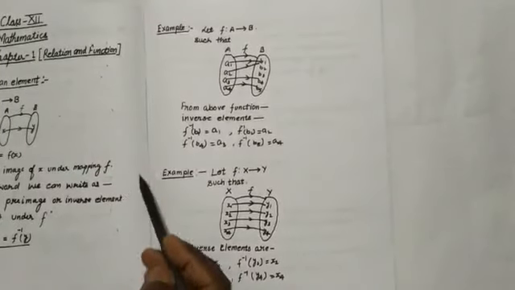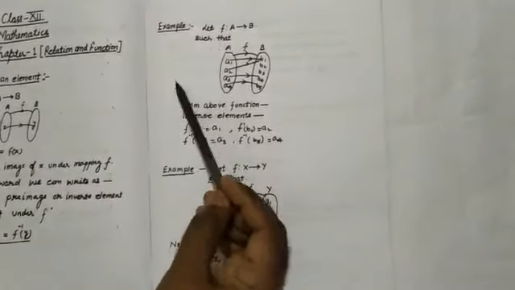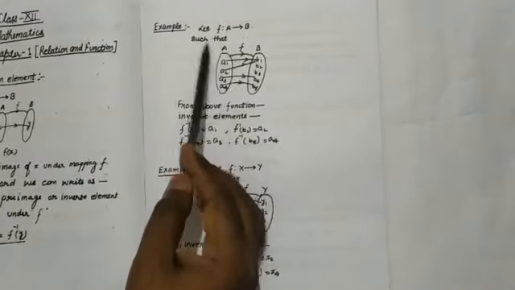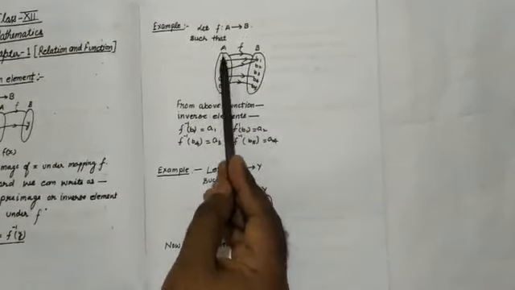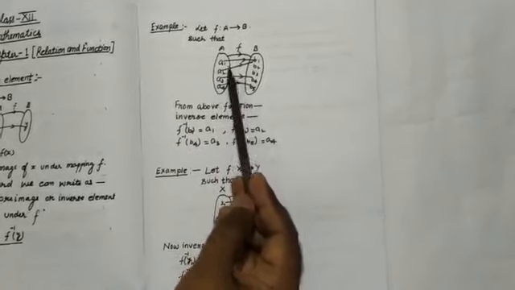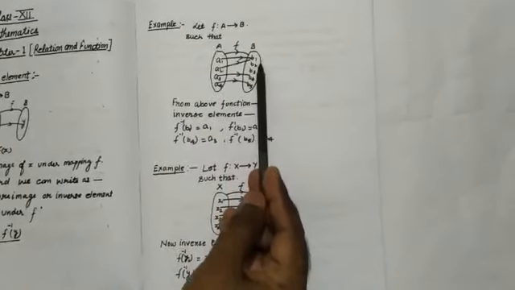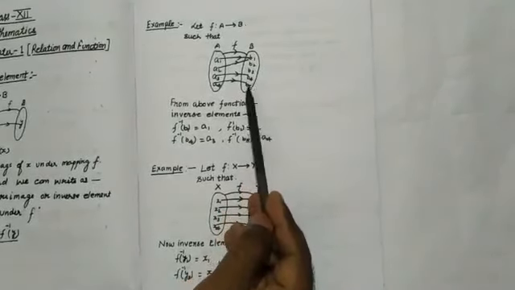Let's take an example. f is a function which maps from set A to set B such that set A has elements a1, a2, a3, a4 and set B has elements b1, b2, b3, b4 and b5.